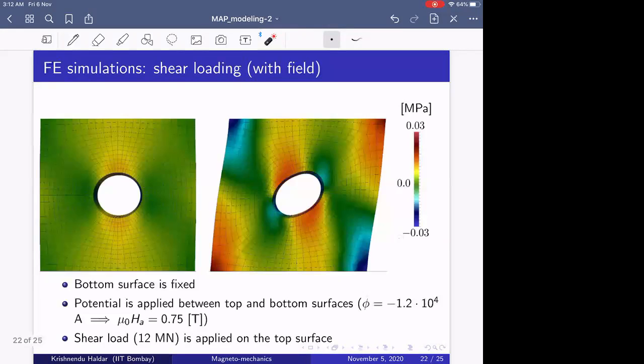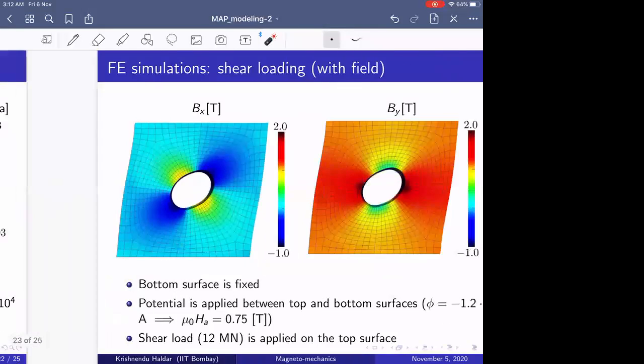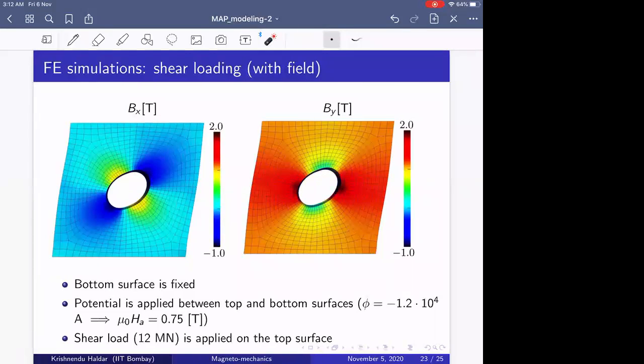So it is basically capturing that the material becomes stiffer due to the applied magnetic field. And here, as this is deforming, you see how the magnetic flux Bx and By are changing. The map is of the magnetic flux Bx component and By component for the same problem.